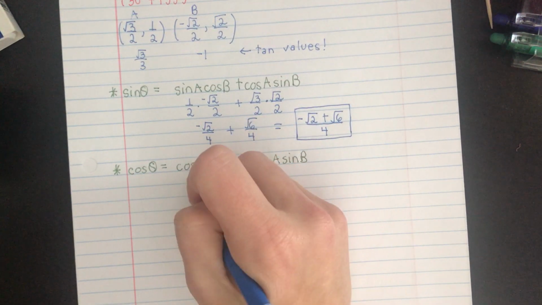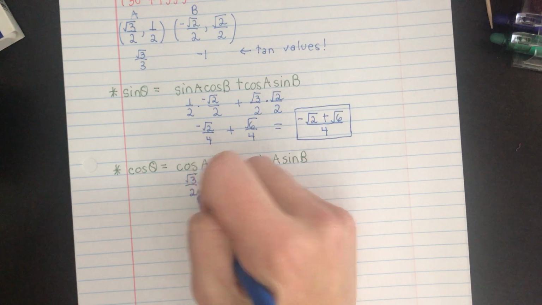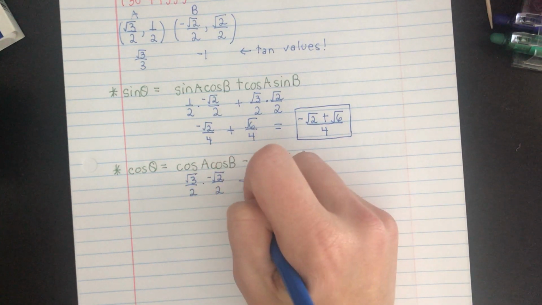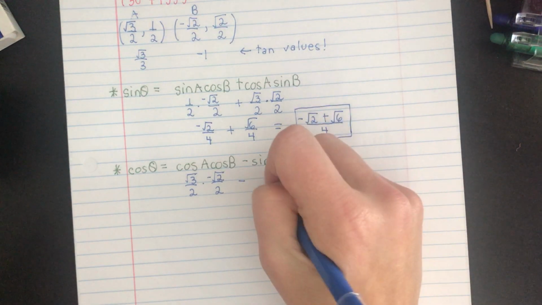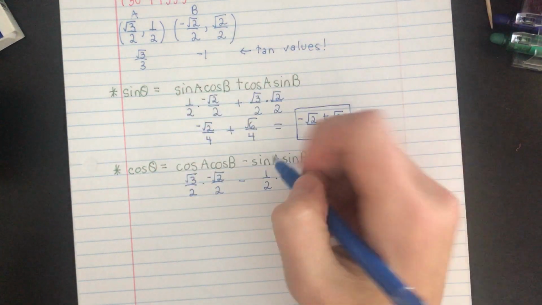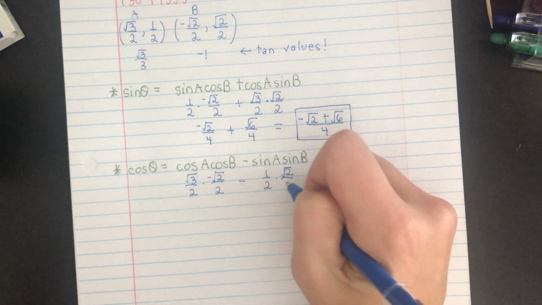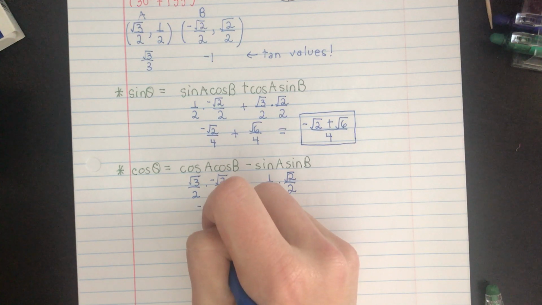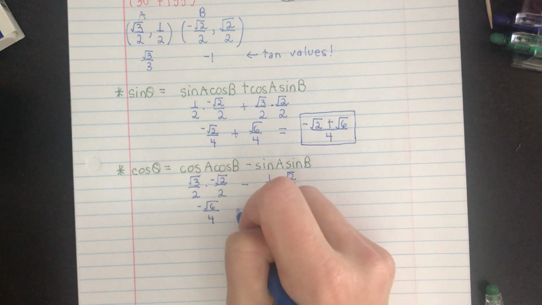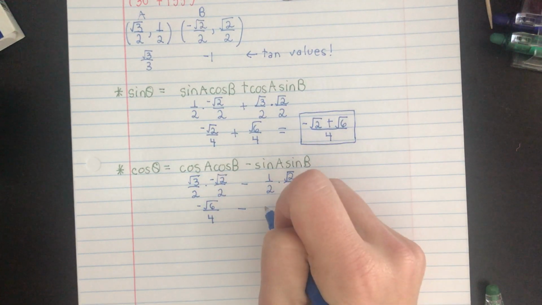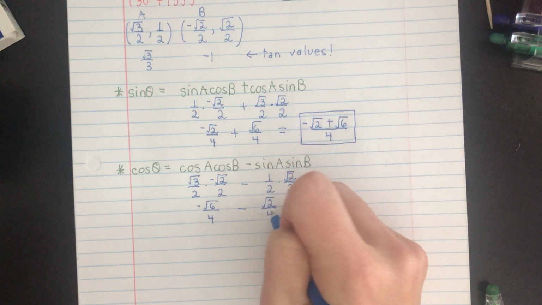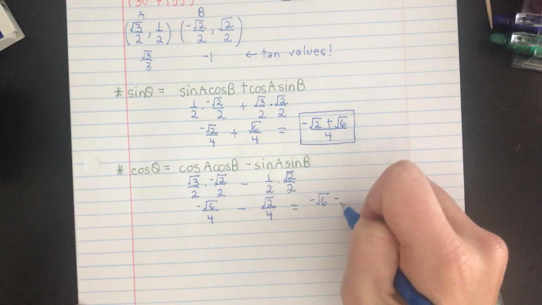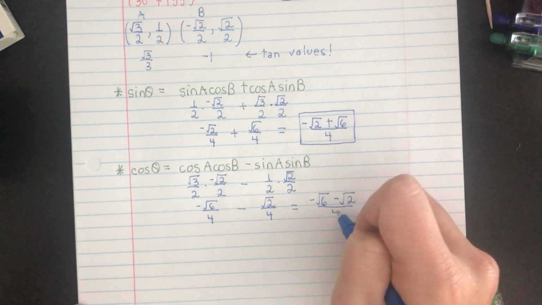X value of A, square root of 3 over 2, times x value of B, negative square root of 2 over 2, minus y value of A, 1/2, times y value of B. Okay, so then negative square root of 6 over 4 minus, positive times a positive is a positive, square root of 2 over 4. So this is going to turn into negative square root of 6 minus square root of 2 all over 4.